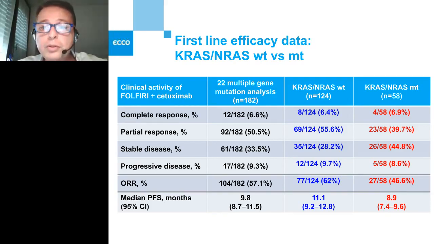Now, if we add to this population also the BRAF and the PI3 kinase mutant, the progression-free survival drops to 7.7 months. However, we don't know whether this is due to resistance of these tumors to the treatment with the anti-VEGF receptor monoclonal antibody, or rather might be related to a negative prognostic significance of these mutations.